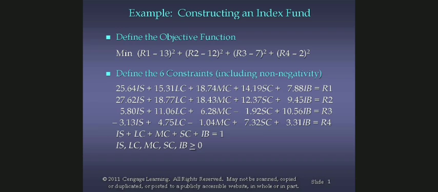The objective is for the portfolio returns to match as closely as possible the S&P 500 returns. To do so, we might try minimizing the sum of the deviations given in the equation. Since we want to get as close to the target returns as possible, it makes sense to assign a higher marginal penalty cost for large deviations than for small deviations.